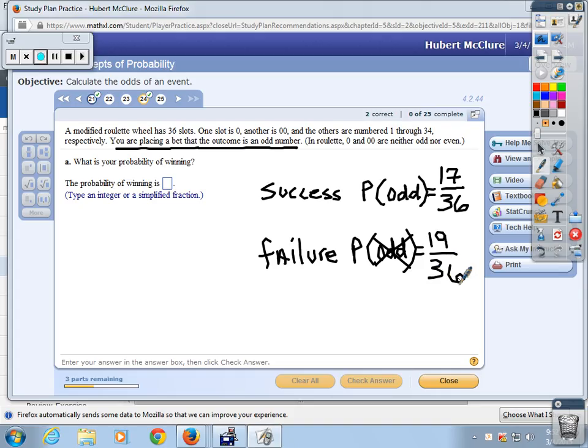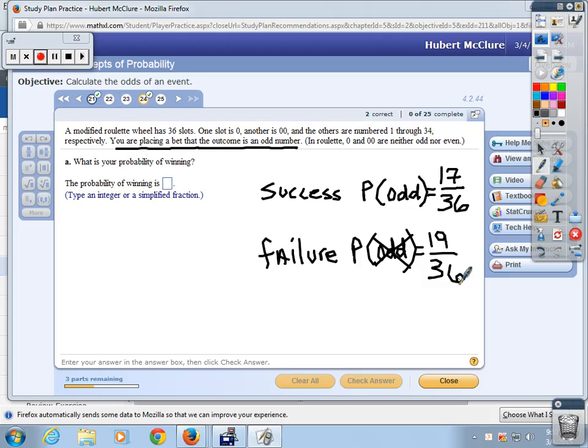Remember that you have to equal 36 in the numerator as well as the denominator. The denominator is 36, but the numerator has to equal 36. And why is this one 19? Because the only odd numbers are half of 1 through 34. 1, 3, 5, 7, 11, 13, 15, blah, blah, blah.